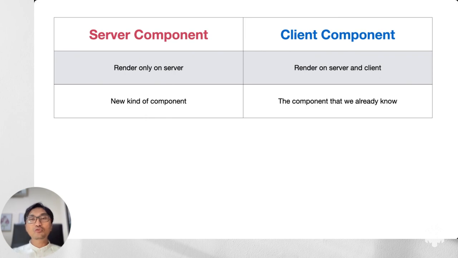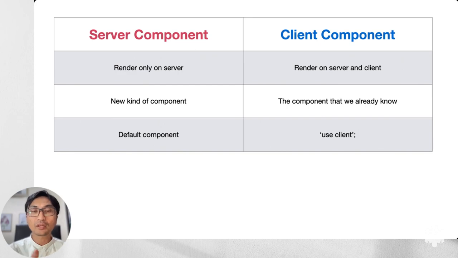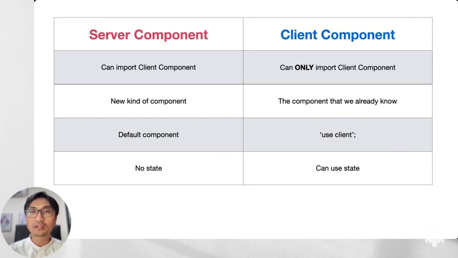A server component is a new kind of component, and a client component is actually the component that we already know and love in React. A server component is the default component, as I said. Client components need the use client directive. A server component cannot handle state, but a client component, as usual, can use state.